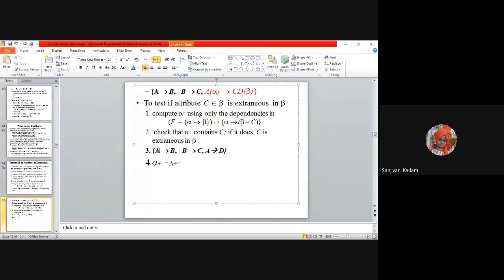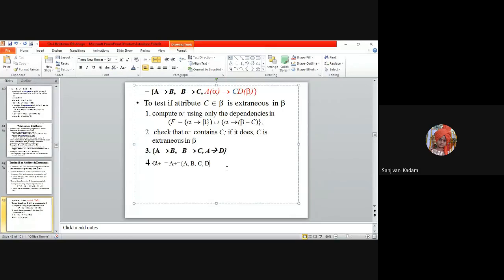Initially, A will be there as part of this. Next, as A gives B, we can add this B to the result. B gives C, so we can add C also to the result. And A gives D, so we can add D also as part of this.